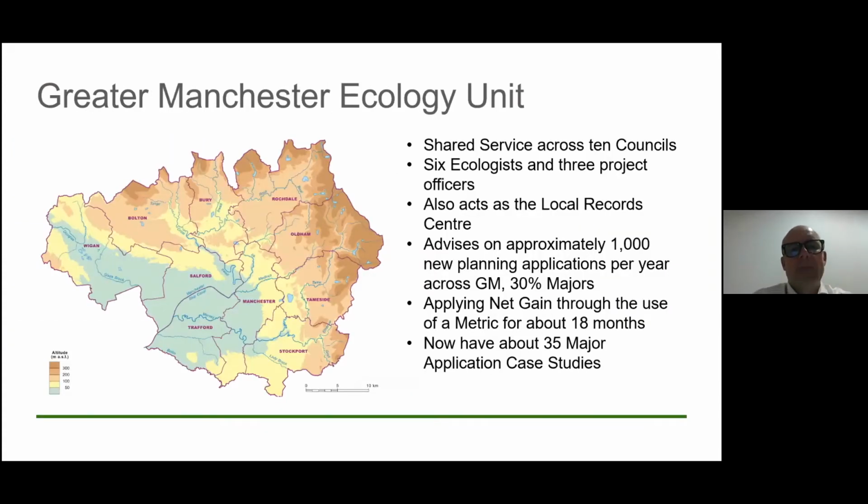It's important also to mention that this shows a picture here of the 10 local authorities in Greater Manchester, that we have a shared service across Greater Manchester called the Greater Manchester Ecological Unit, and that includes 6 ecologists and 3 other officers that act as our special advisors to our planning authorities on ecology issues and planning applications, and they provide an important resource for us.